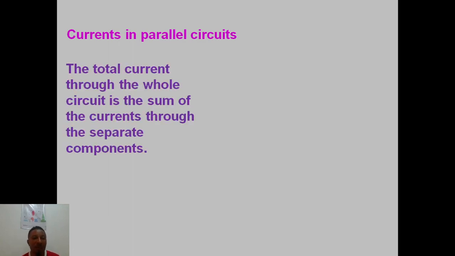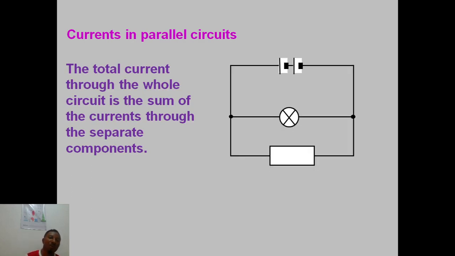Now, current in a parallel circuit: the total current through the whole circuit is the sum of the currents through the separate components. It means that if you have 5 amps flowing, once you get to this point, the 5 amps is going to branch out into two parts, just like water flowing in a pipe. When the pipe is branched, what happens to the water?